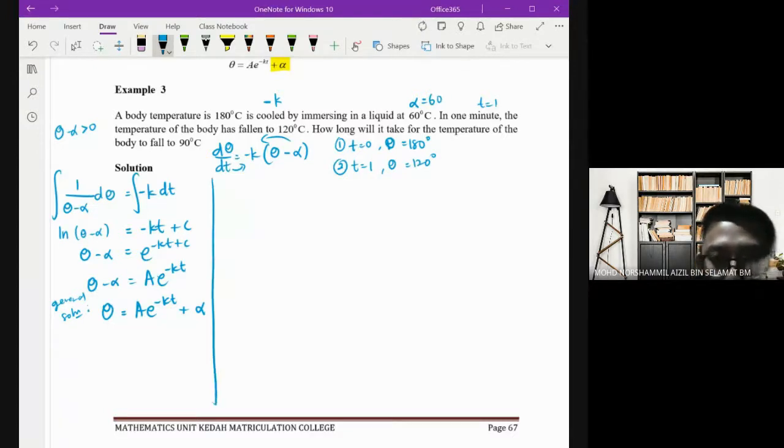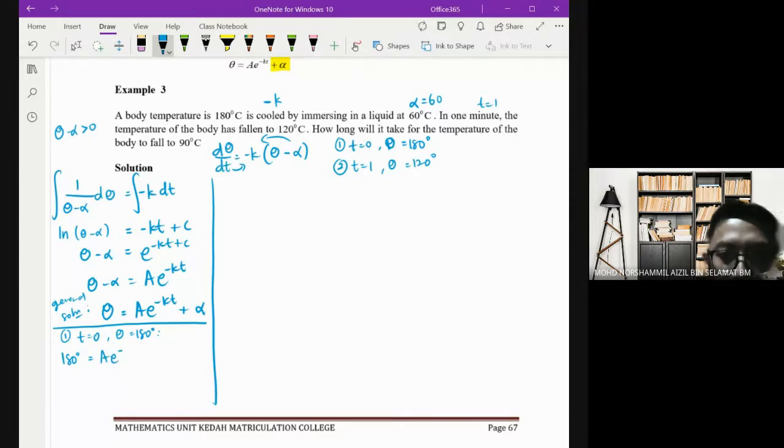So let's find out A by using the first condition. t equals to 0 when theta is 180. So let's solve this one. 180 equals A e minus kt.